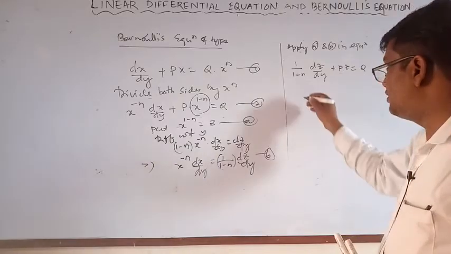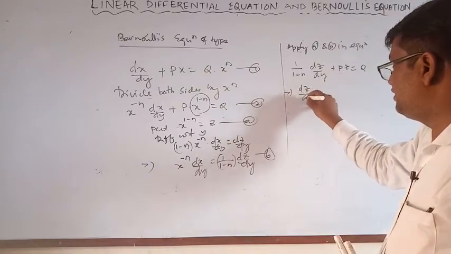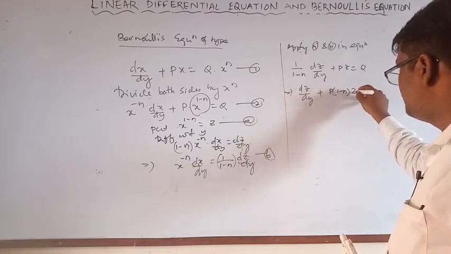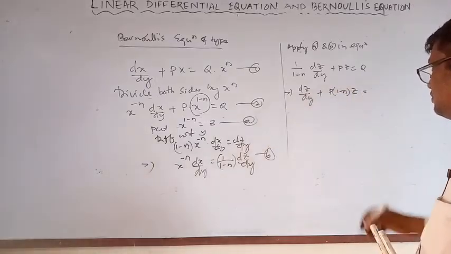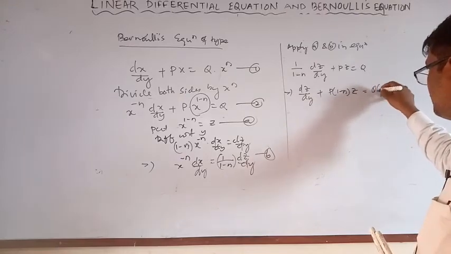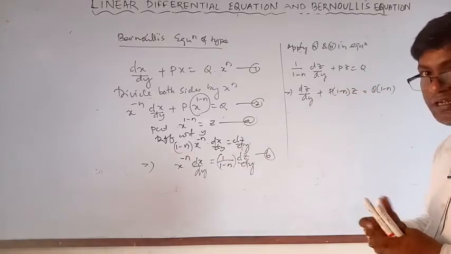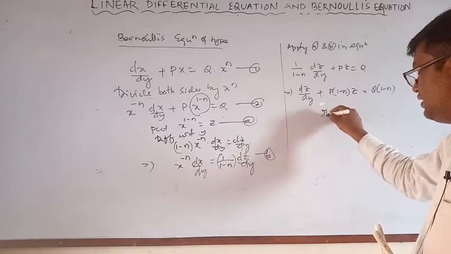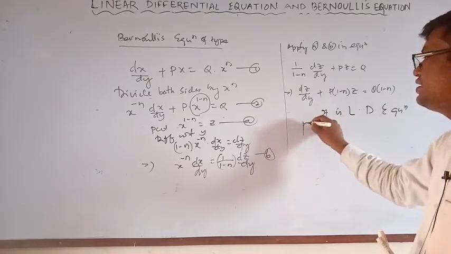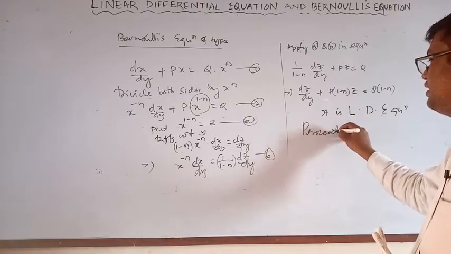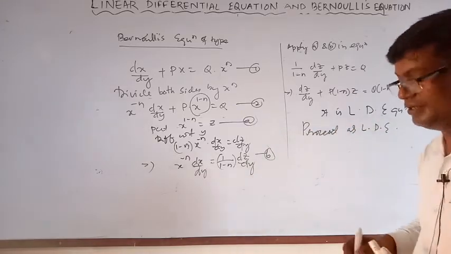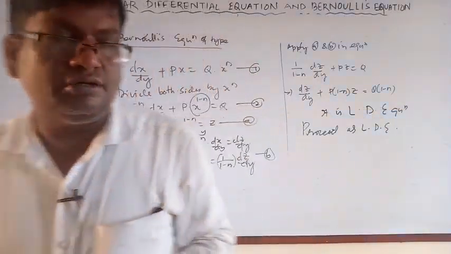That is dz by dy plus p into 1 minus n into z is equal to q into 1 minus n. This is a linear differential equation, and proceed by the linear differential equation method. Now one question related to this concept.